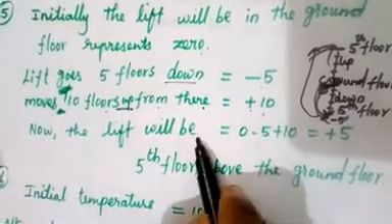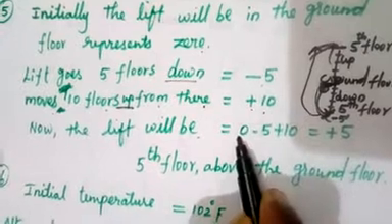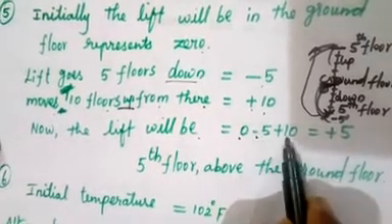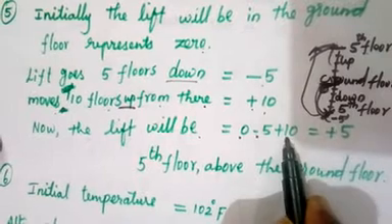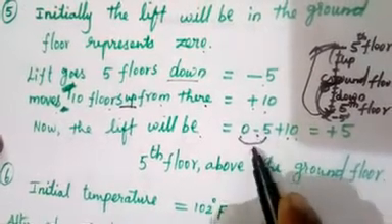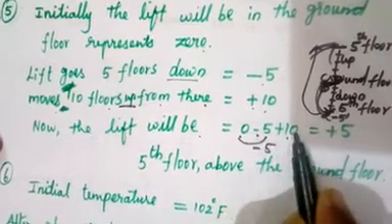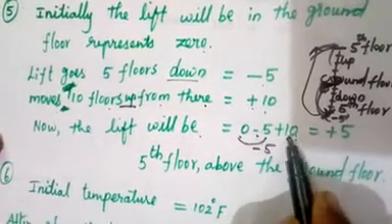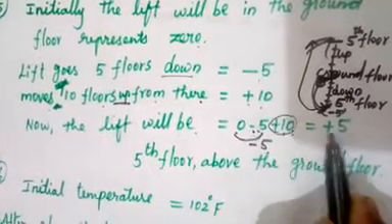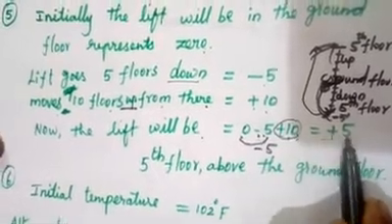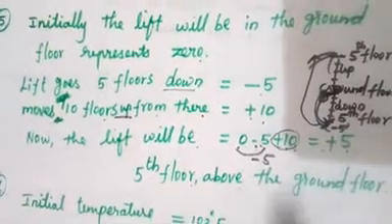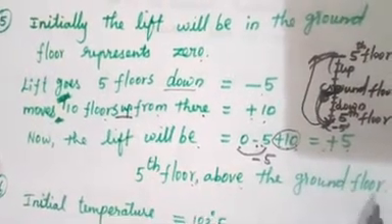So initially 0, then moves down, minus 5, moves up 10 floors, plus 10. Now we have to simplify this. 0 minus 5 is minus 5, plus 10. The big number is plus 10. 10 minus 5 is 5. The big number's sign is plus, so plus 5. So the lift is on the 5th floor above the ground floor.